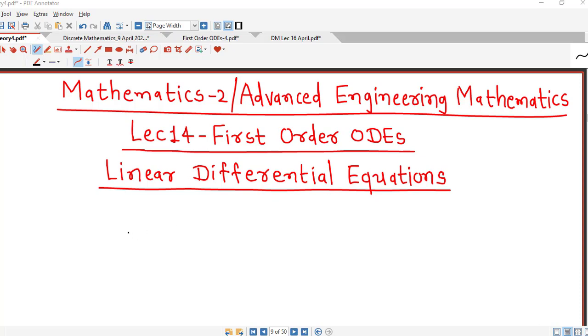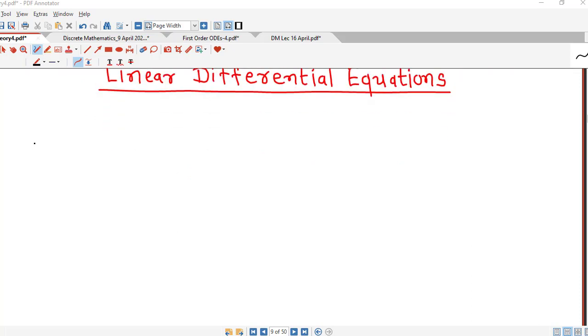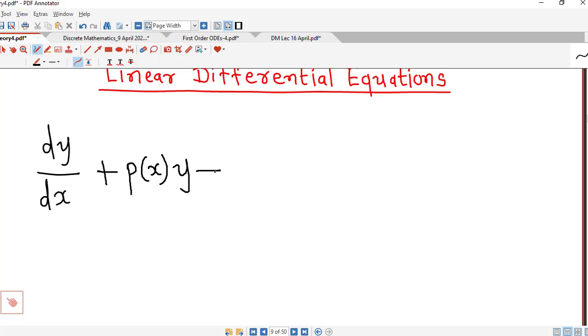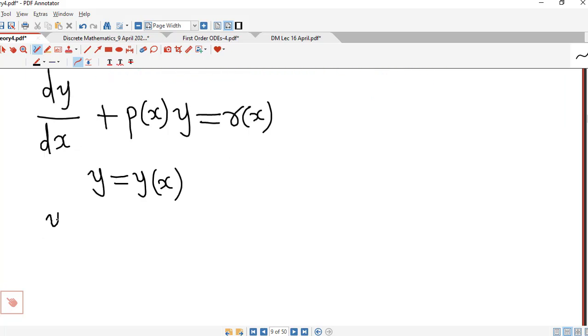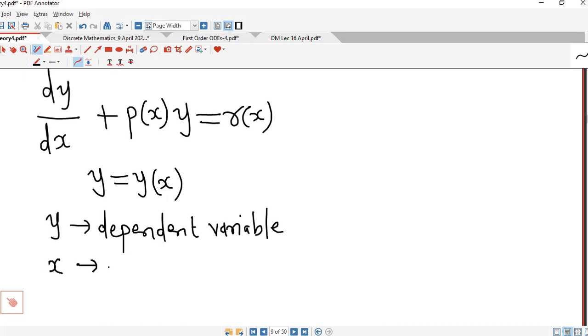In the previous lecture, we discussed what a linear differential equation is, and we have seen that a first order differential equation is linear if we can write it in this form: dy by dx plus p(x) into y equal to r(x), where y is a function of x, that is, y is the dependent variable and x is the independent variable.